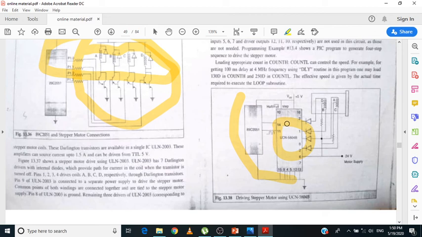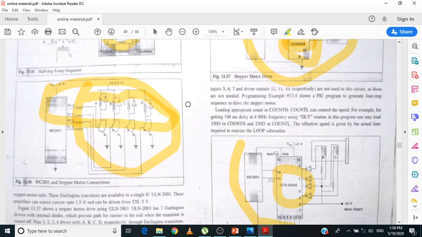With respect to the exam, why are we using the amplifier between the microcontroller and the stepper motor? When you are taking one IC, it acts as a source as well as a sink. We studied the source value as well as the sink value, right? So whatever power comes from the microcontroller IC or any IC may not be sufficient to rotate your stepper motor.